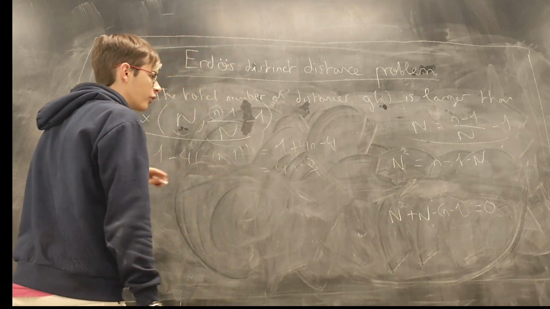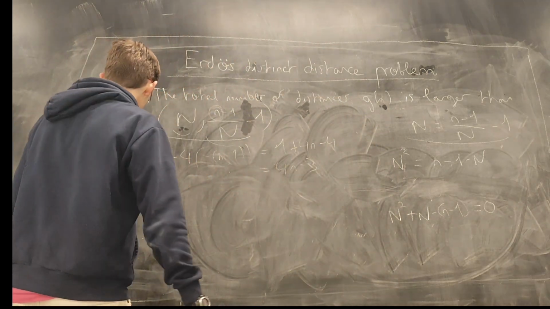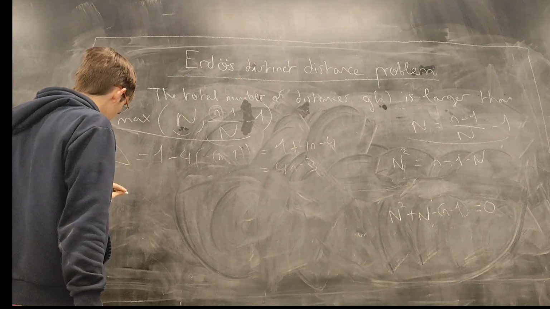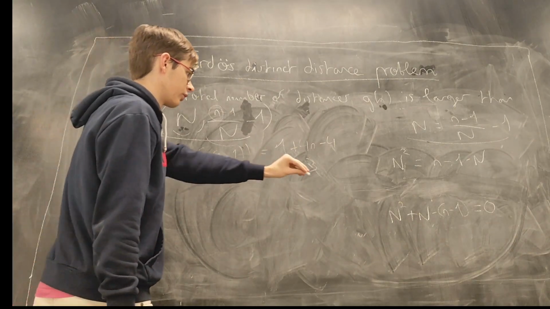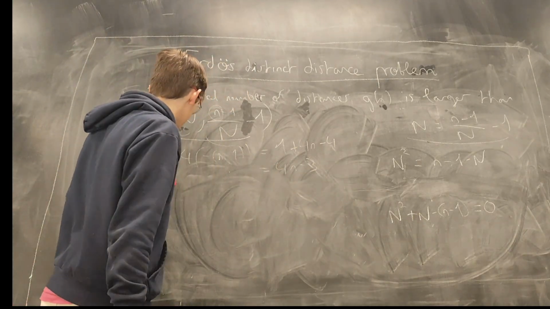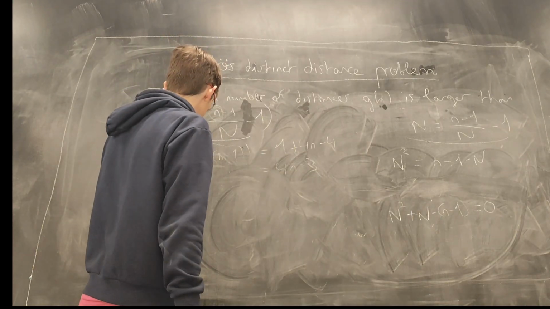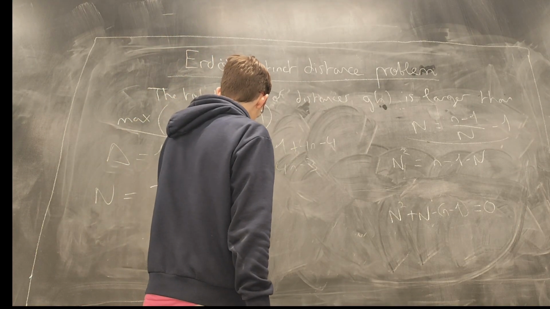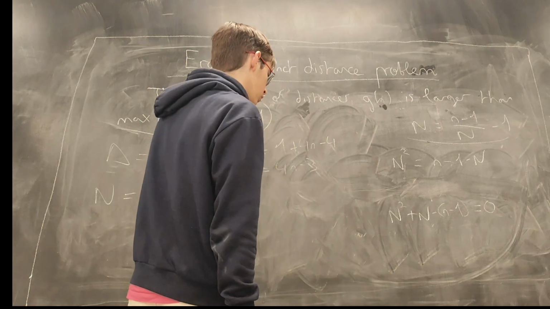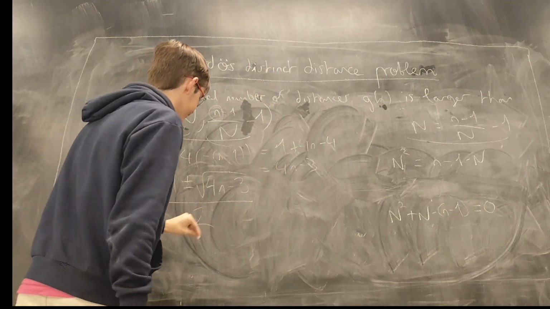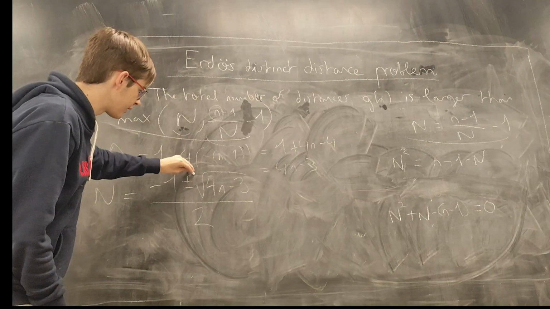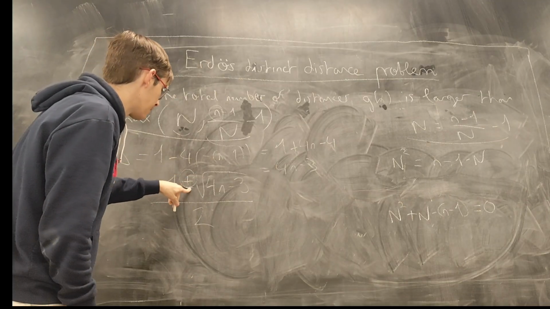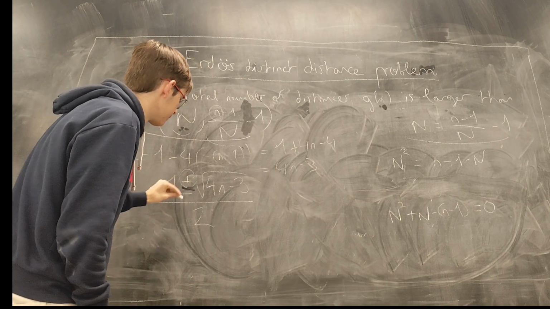Okay, and we have our two roots for big N. So we have big N equals minus 1 plus or minus the square root of 4n minus 3, over 2. Now, of course, here we must take the plus, because if we take the minus, we obtain a negative root.